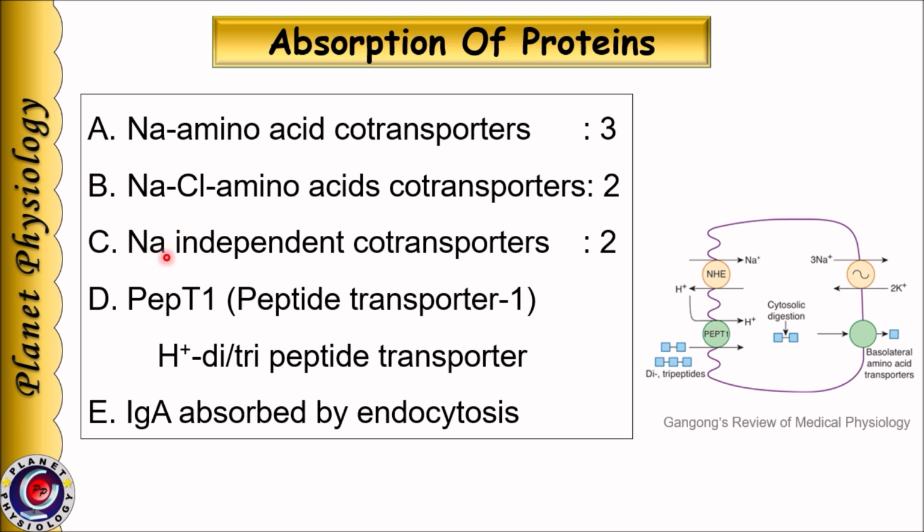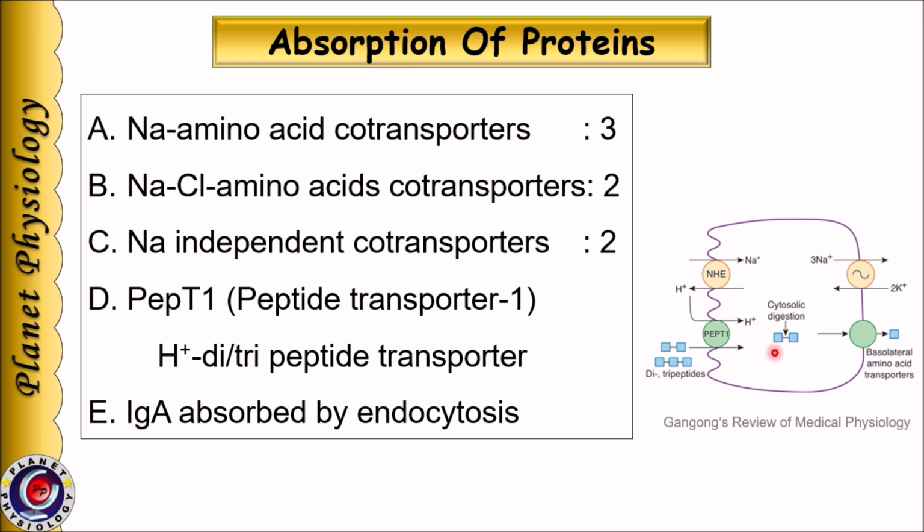There are 2 different varieties of cotransporters which are independent of sodium. Apart from these cotransporters, there are proteins called as PepT1 transporters. It means peptide transporter variety 1. These transporters are utilized for transport of dipeptides and tripeptides along with hydrogen ions.